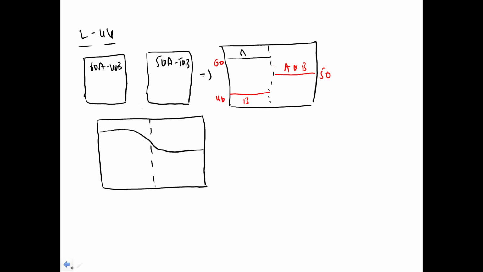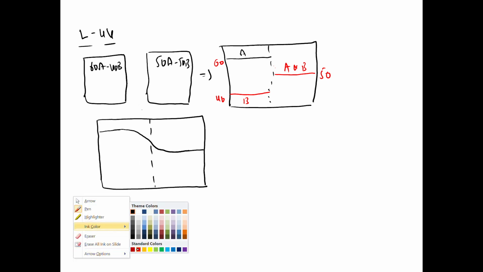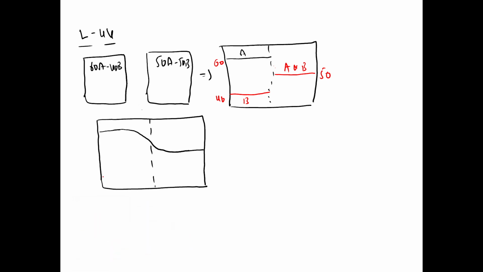This is for A, whereas for B it is 40, and I will make it a little bit lower so that it will be useful for understanding. So this is B and this is A.